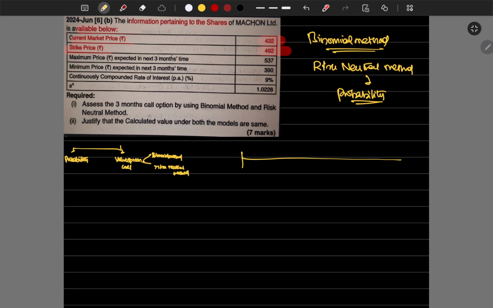Current market price is 432, strike price is rupees 462, option duration 3 months, maximum price is 537. Always two numbers will only come in this binomial.